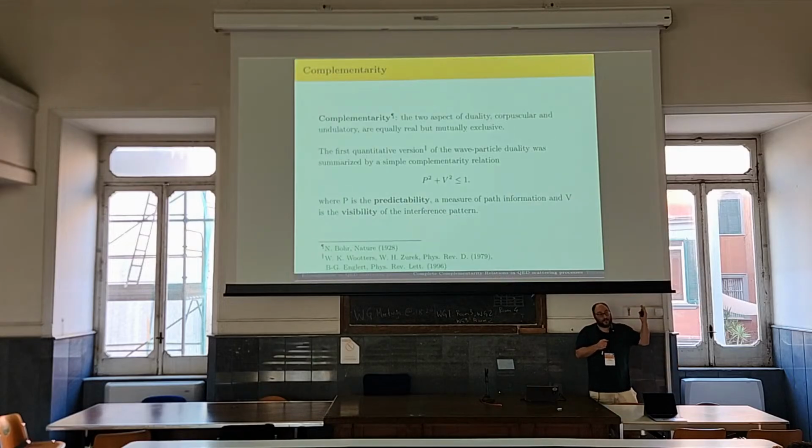From the famous concept of complementarity by Bohr, the first quantitative version of complementarity was built by Wootters and Zurek and Englert, and they obtained these inequalities that relate the particle characteristics to the interference characteristics. This is a quantitative version of the duality, the fundamental nature of a quantum system.